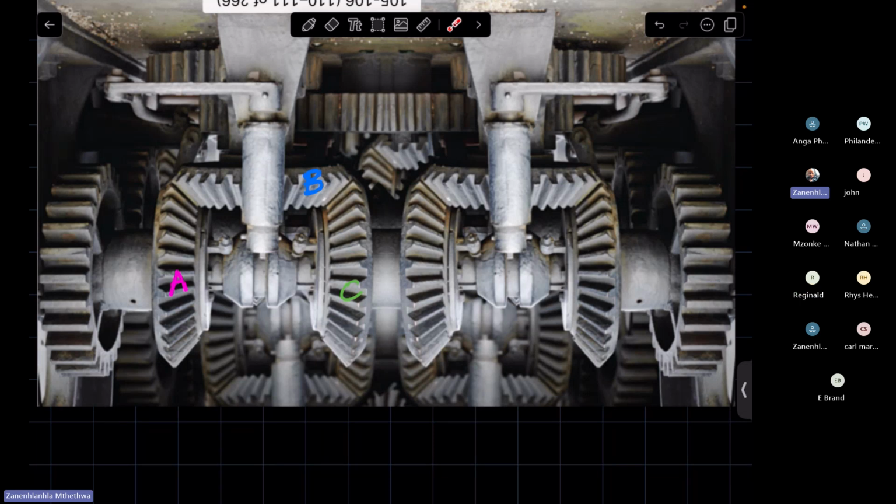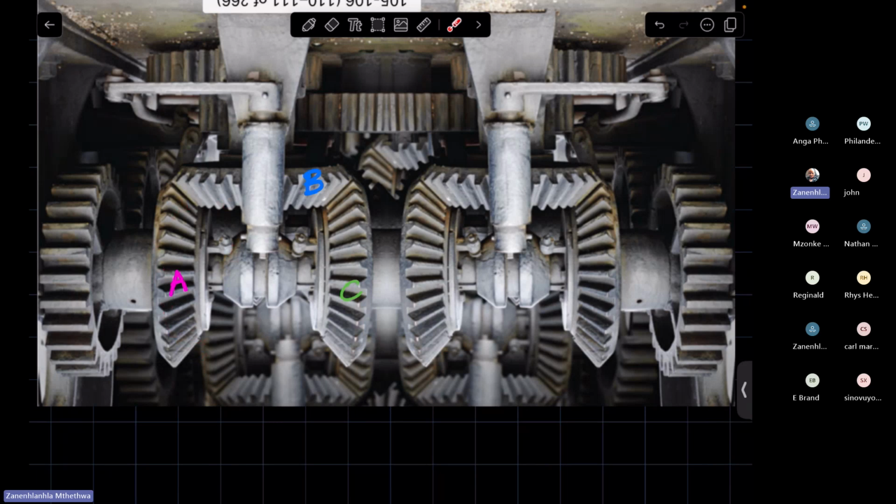Now, I want you to use your own imagination because this is a picture, it's not a GIF. Think about how gear B would rotate if gear A was rotating in this direction. Say gear A is going clockwise.